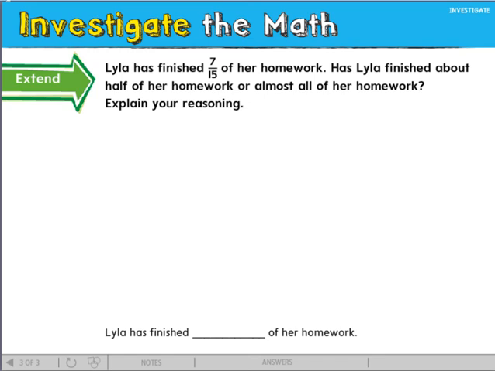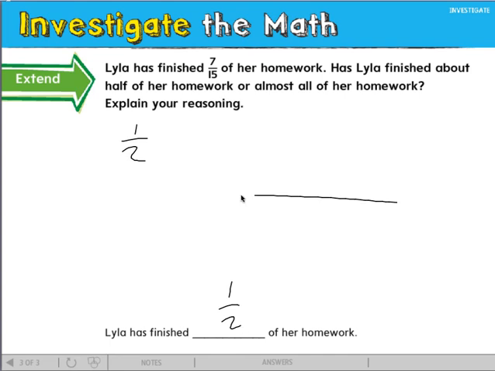Almost half? Yeah. Why is that? Because if you split 15 in half, it would be 7 or 8. It would be between 7 and 8? Yeah. Okay. So, we're going to say half, okay?